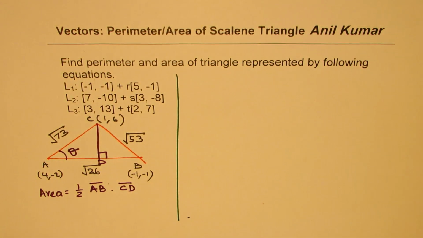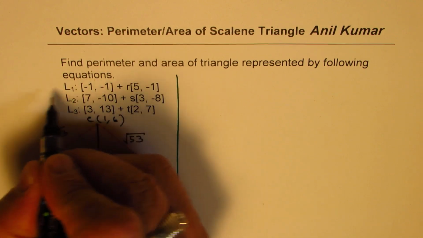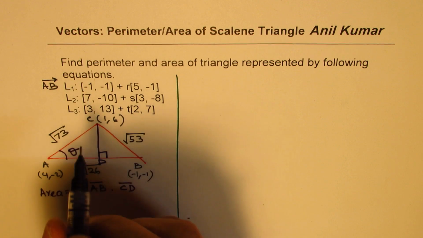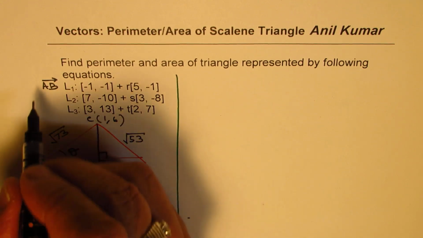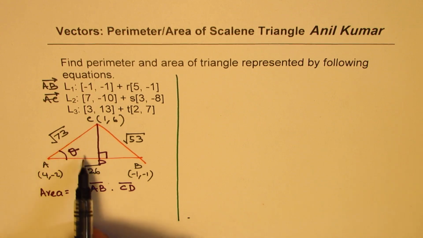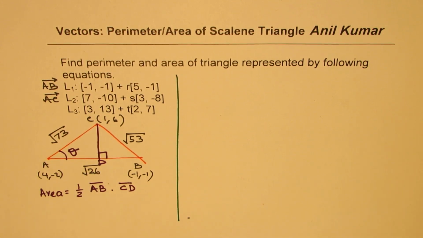To find the angle, we can use the dot product, correct? Now, as you remember, AB was treated as side L1, and L2 is AC. Correct? So we are going to use these two lines to find the angle theta using the dot product.